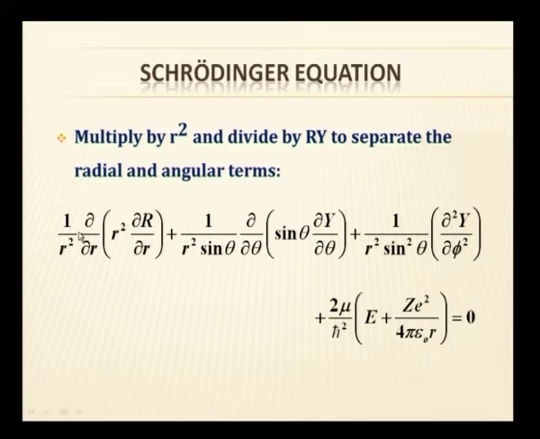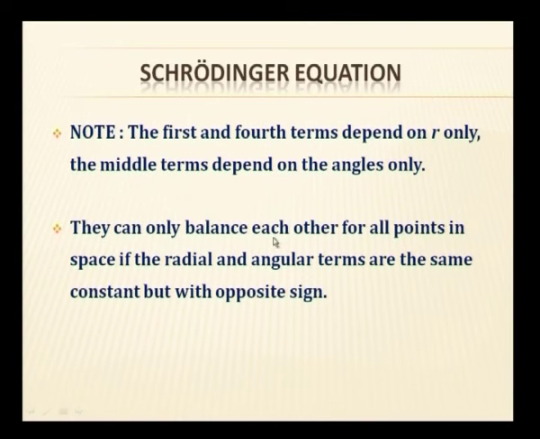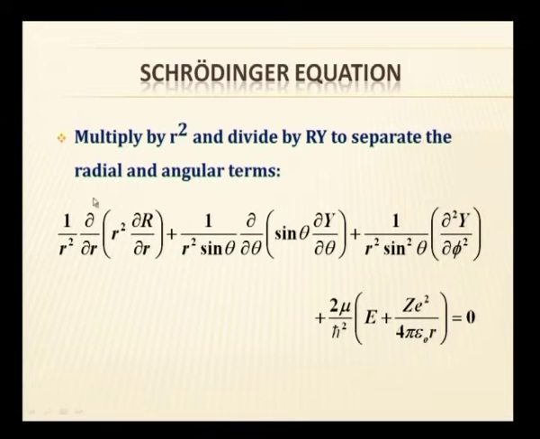Therefore, the equation can be rewritten in this form: 1 by R, dou by dou r of r square dR by dr, plus 1 by Y sin theta dou by dou theta of sin theta dou Y by dou theta, plus 1 by Y sin square theta into dou square Y by dou phi square, plus 2 mu by h bar square into E plus z e square by 4 pi epsilon naught r, is equal to 0. You should note that the first and fourth terms only depend upon r. You see, the first term depends upon r.